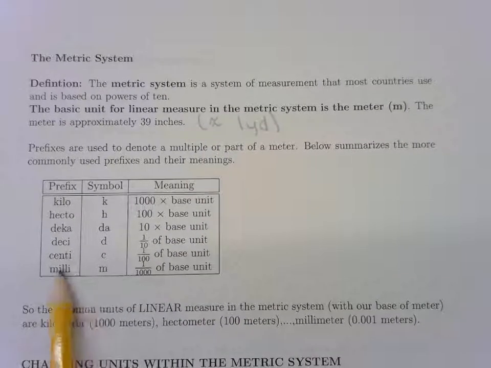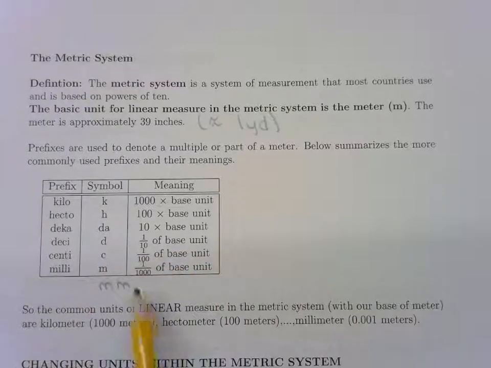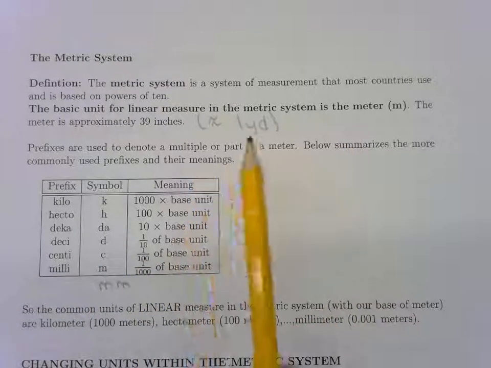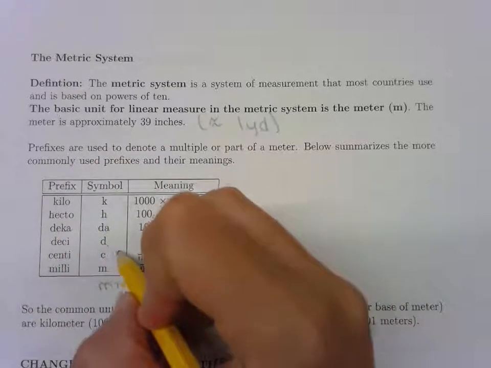I'm just starting at the bottom here because you have seen millimeter before. Millimeter would look like this, mm, and it's 1/1000th of a meter. So take about a yard, cut it into 1,000 pieces, that's a millimeter. Centimeter, we would denote as cm.